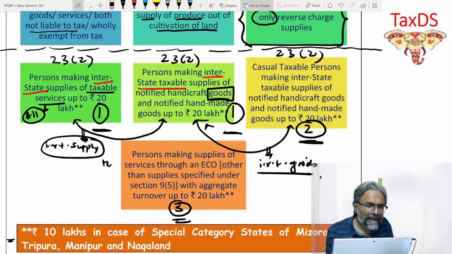So if persons are making interstate supplies of taxable services up to rupees 20 lakhs, what does it imply?